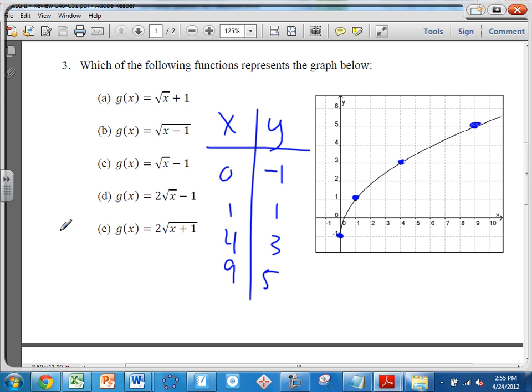Look at your Y values. What are they going up by every time? 2. So the A value must be 2, so these are out already. Again, whatever these go up by is always your A value. If those go up by 2, then you have a 2 there. The next question becomes, what is my solution now? How do I know whether it's D or E here?